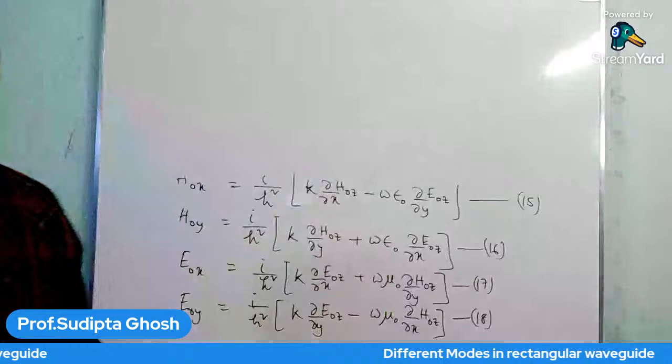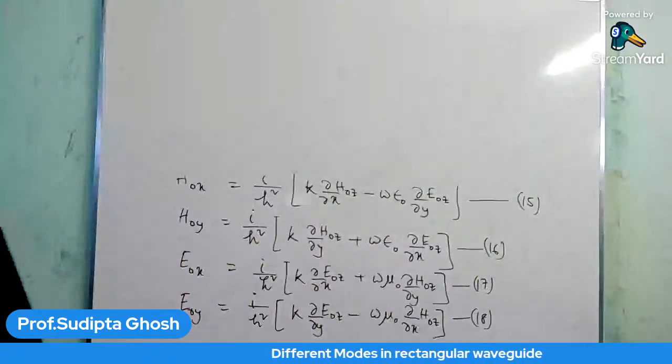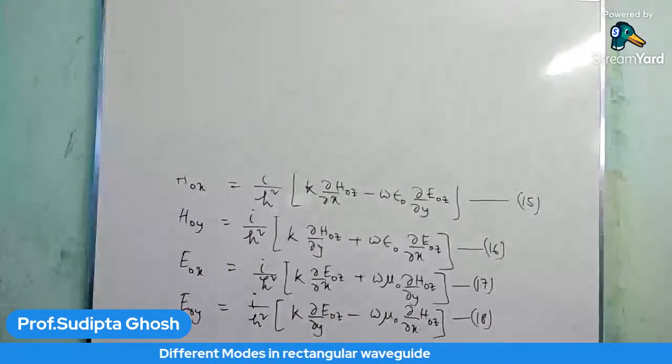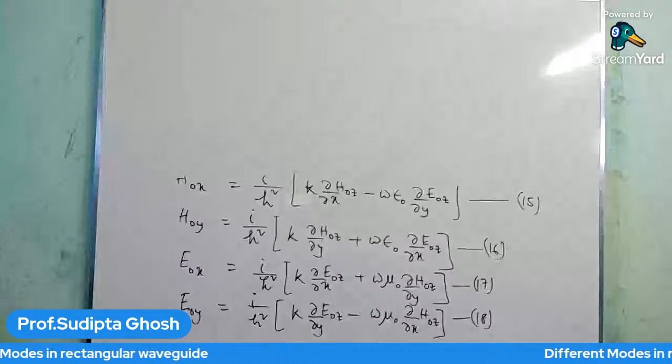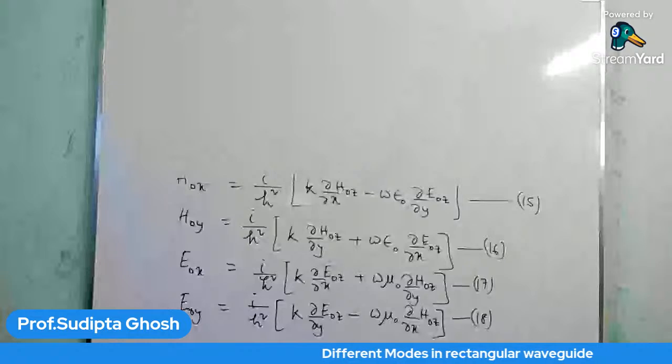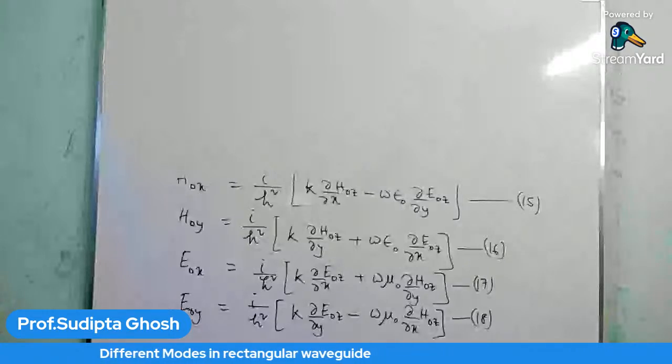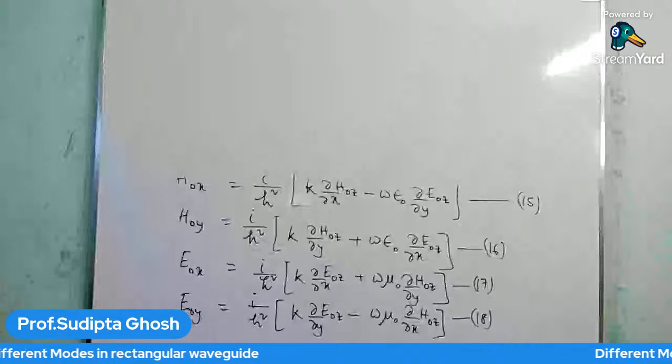So the problem of determining the magnetic field or electric field inside the waveguide actually reduces to that of determining the longitudinal field components only.